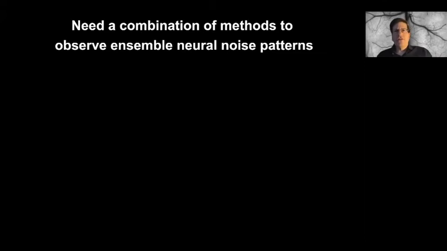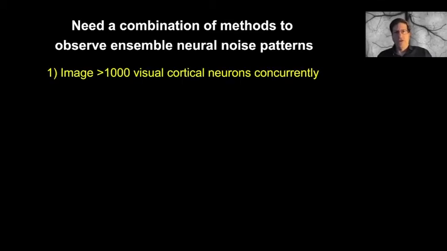So to address these questions, we needed a combination of different methods that would allow us to directly observe ensemble neural noise patterns in a live animal, in the live neocortex. So first, because these effects often arise at the size of ensembles of many hundreds or even 1,000 or more neurons, we wanted to be able to observe activity patterns of populations of cells of this order of magnitude of number.